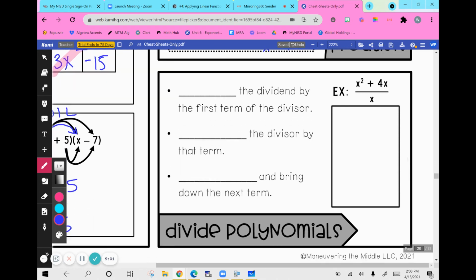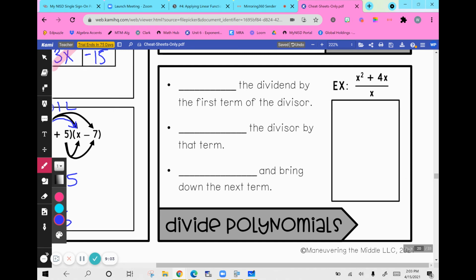All right. Now we're going to talk about dividing polynomials. So it says divide the dividend by the first term of the divisor. That's a lot of vocabulary words there. The dividend is the number that we are dividing, and the divisor is the number that we are dividing by. So this would be our divisor here.